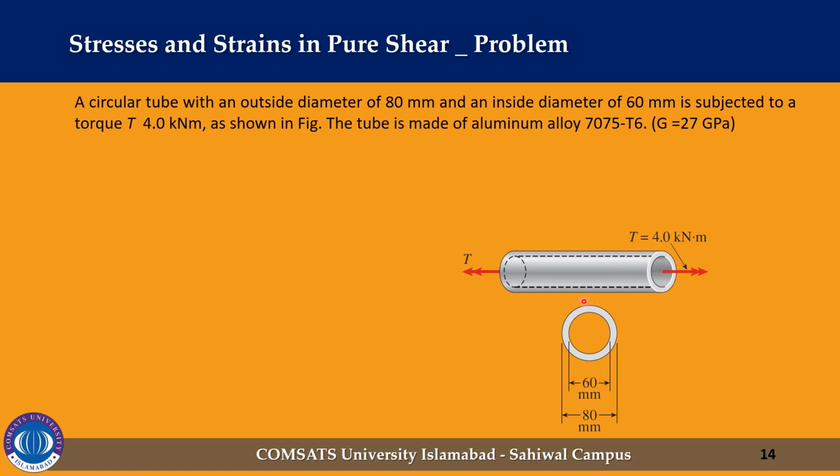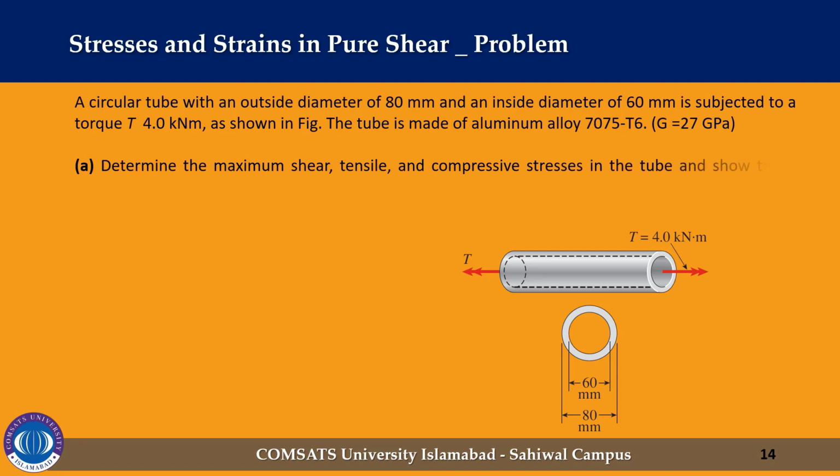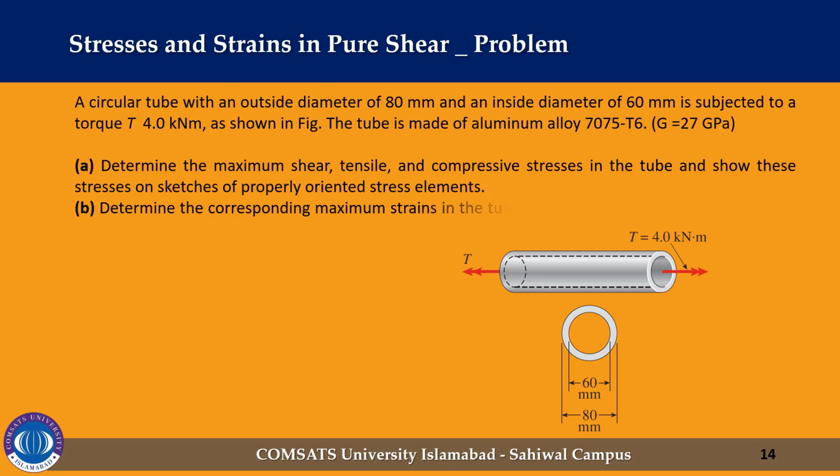The inner and outer diameters of the tube and the applied torque are given in the problem statement. In part A, we have to find the maximum shear, tensile and compressive stresses in the tube and show these stresses on sketches of properly oriented stress elements. In part B, we have to find the corresponding maximum strains in the tube and show these strains on sketches of the deformed elements.